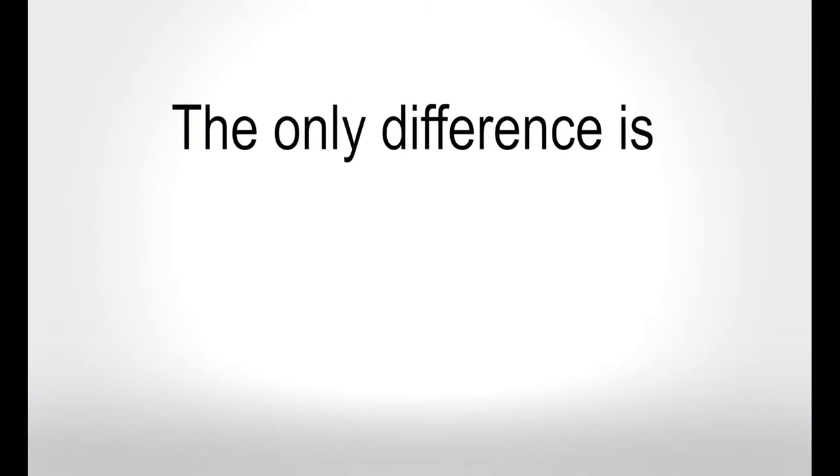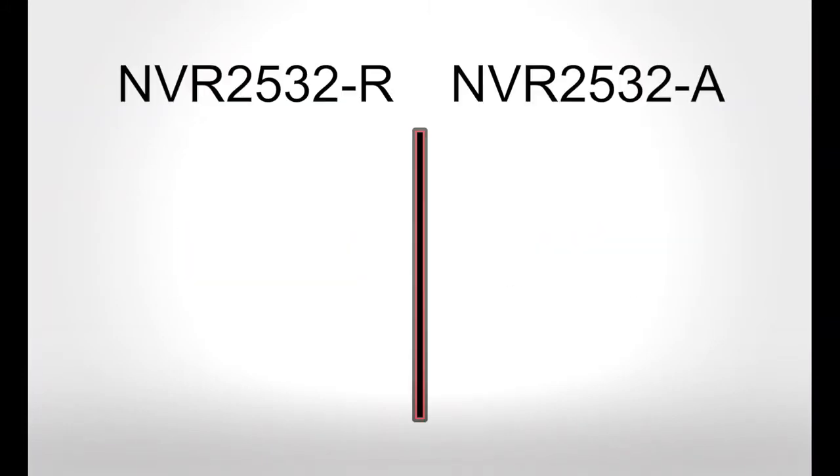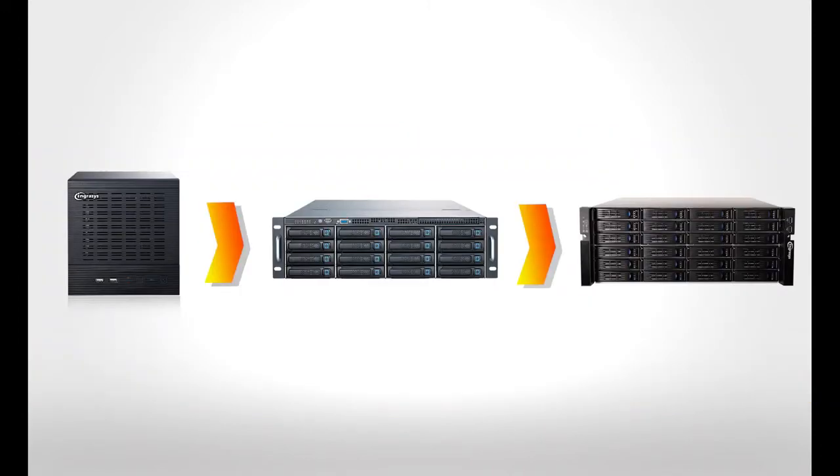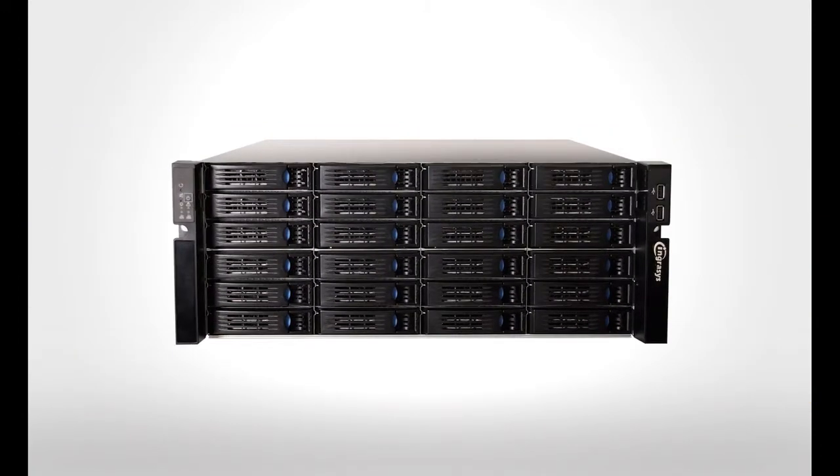The only difference is power supply. NVR 2532-R uses a 510-watt single power supply. In contrast, NVR 2532-A has a 650-watt redundant power supply.